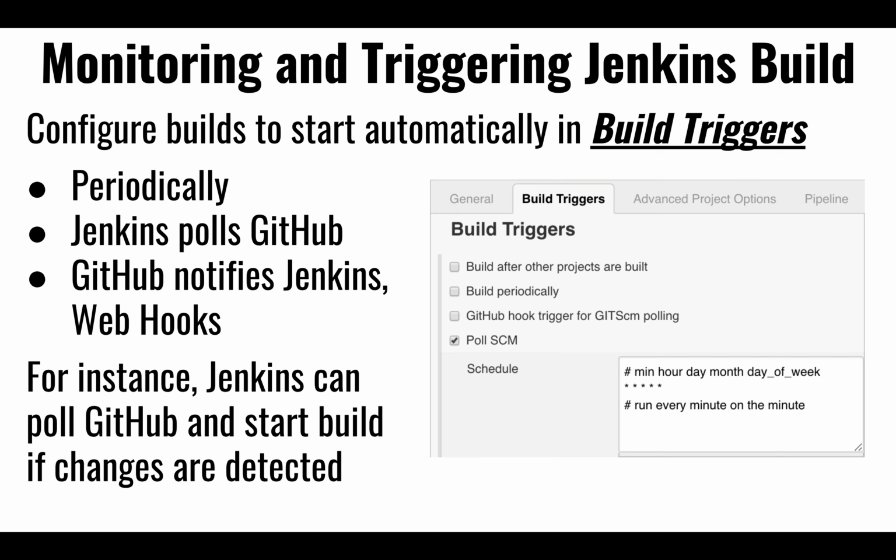Before we leave that, you can set up how frequently you want this to happen. You can say, I want it to happen every minute, every hour, every day. More commonly, in industry, this is typically configured to be maybe every half hour or every hour, but it depends. It's different for every team and every organization.